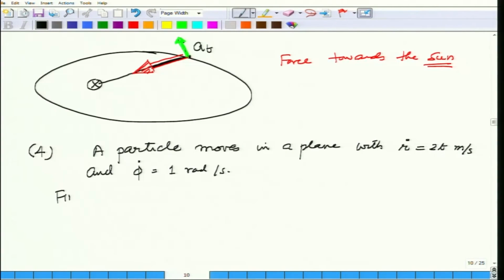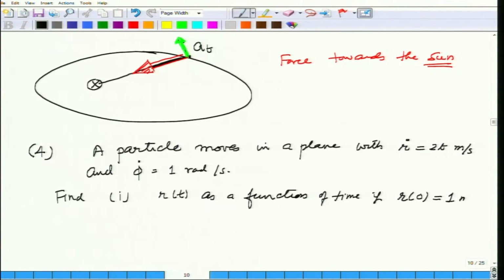Find 1, r(t) as a function of time if r(0), that is r at time t equal to 0, is 1 meter. So that means it started at 1 meter. And 2, unit vector phi for the particle position obviously as a function of time.